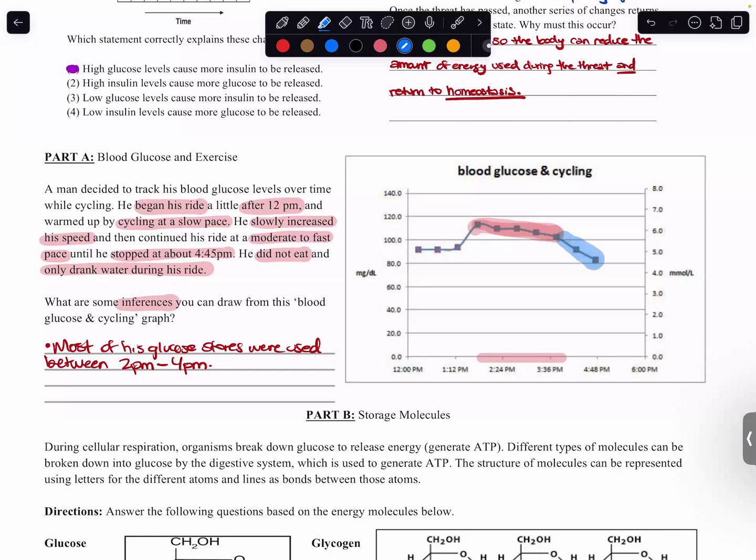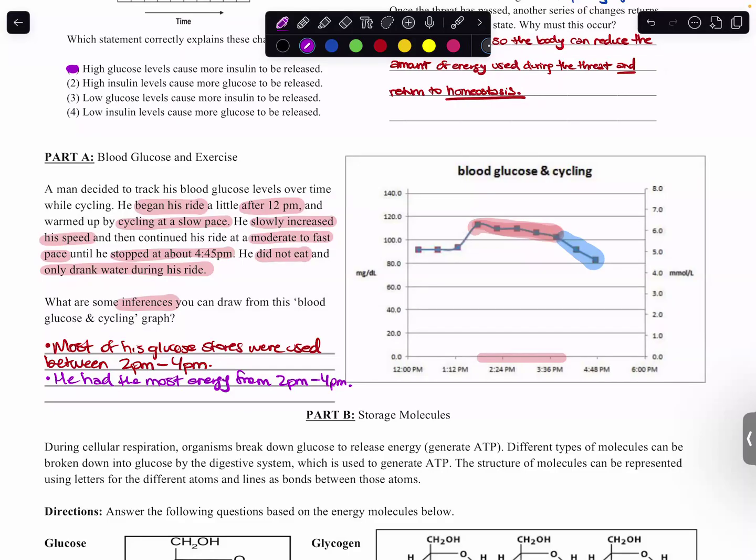from 4 to 4:45. What I also see, I'll use a different color, or well, not what I see, but what I can infer is that he had the most energy from 2 p.m. to 4 p.m. Why am I inferring that he had the most energy during that time?